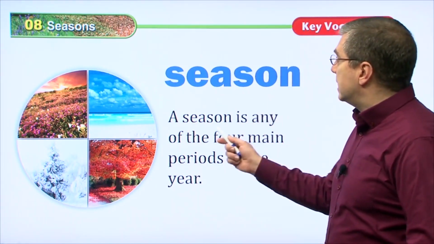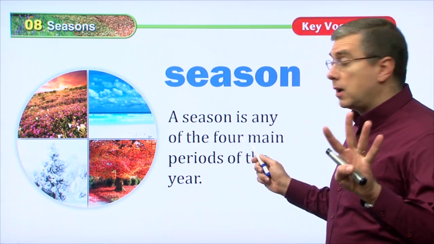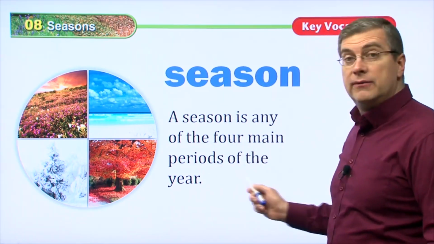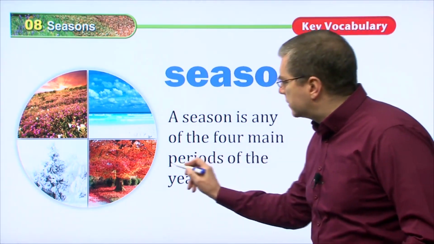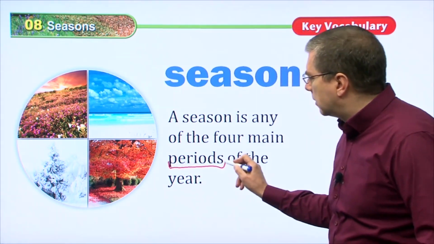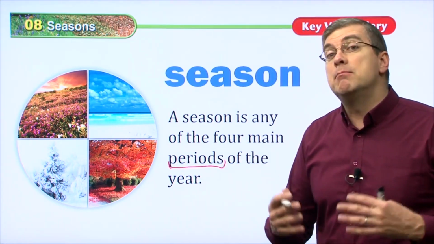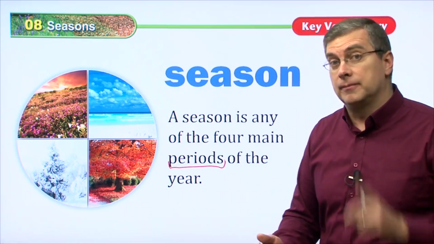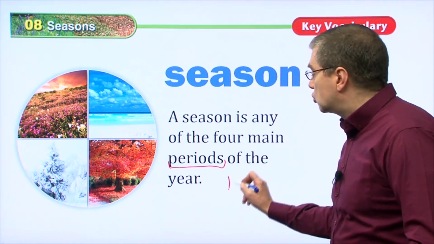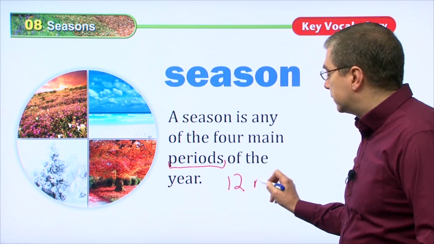A season is any of the 4 main periods of the year. Periods. So when we talk about periods, we can talk about the year. Let me ask you this. How many months are in a year? That's right. There are 12 months.